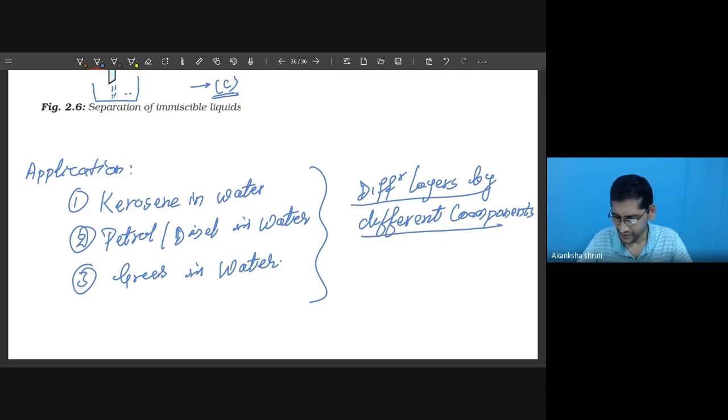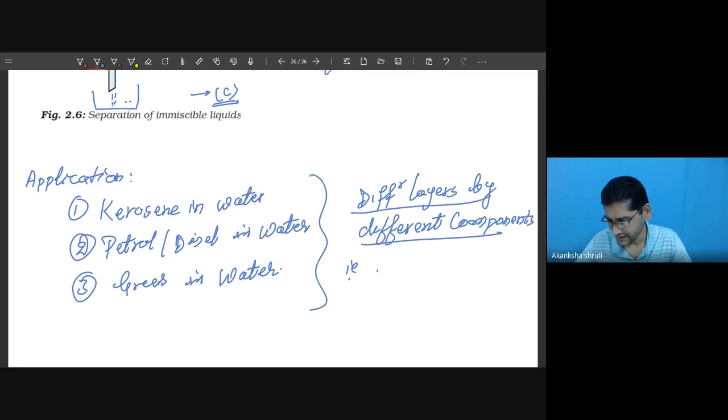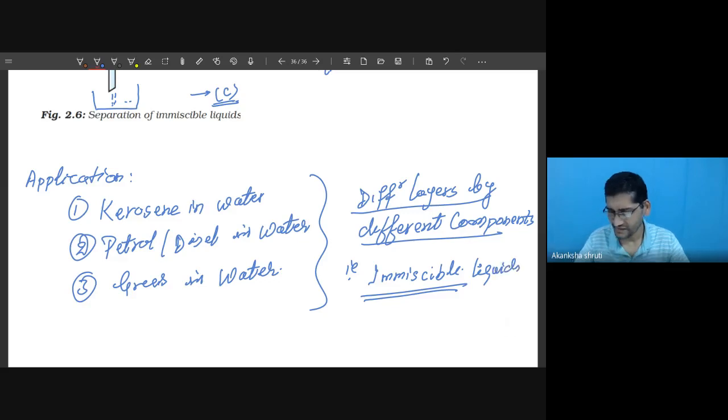So different layer formation, that is, they are immiscible liquids.